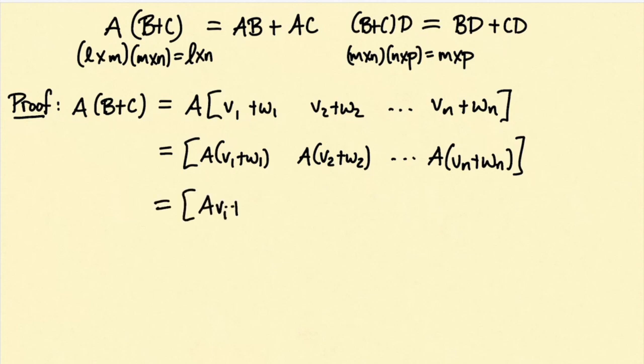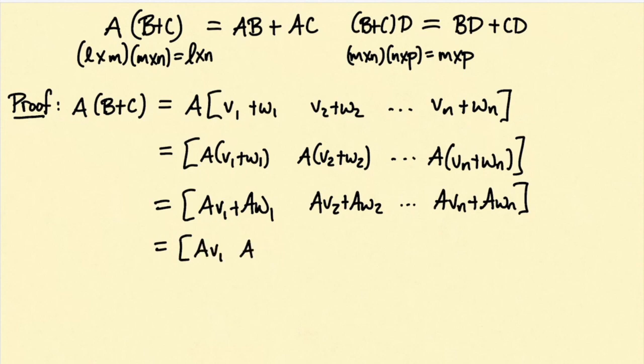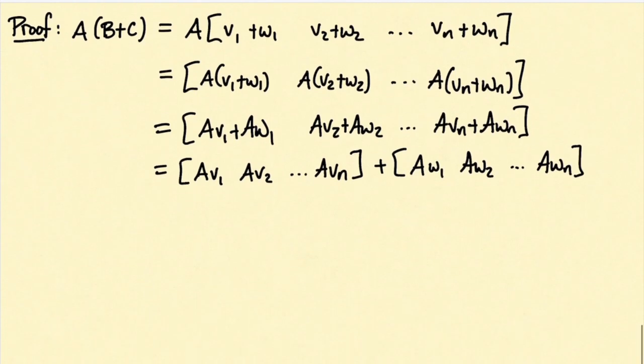Now, in each column, we can distribute A across the sum Vi plus Wi. Next, we can recognize that by putting the AVi's together and the AWi's together, this matrix is the sum of two matrices.